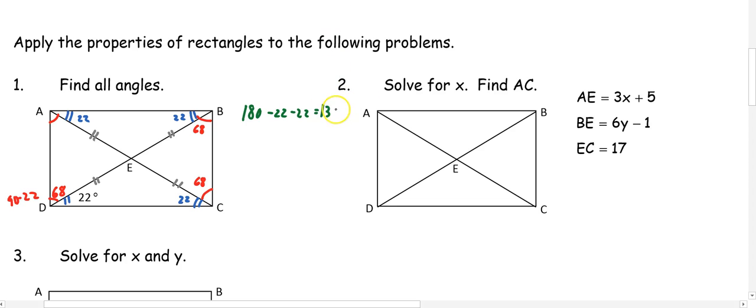Nope, sorry, 136. So these angles are 136 and 136. Now to find the other missing angle, we can do two things. We can just subtract 136 from 180, or we can do 180 minus 68, which gets us 44 degrees.